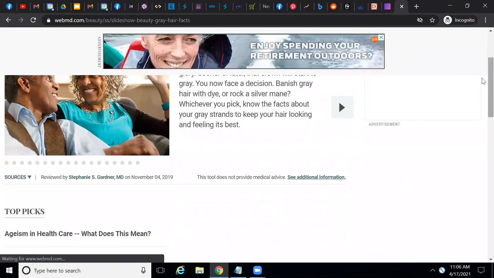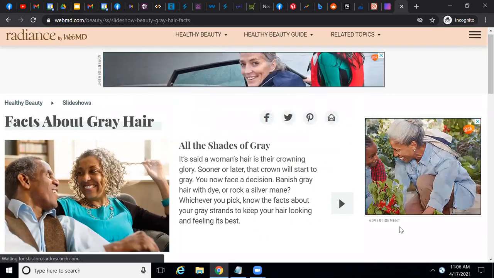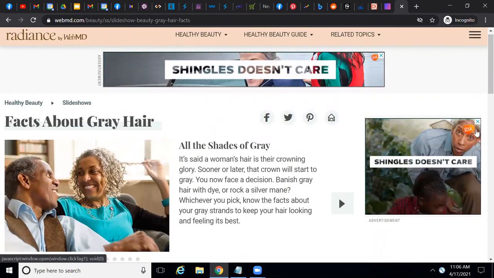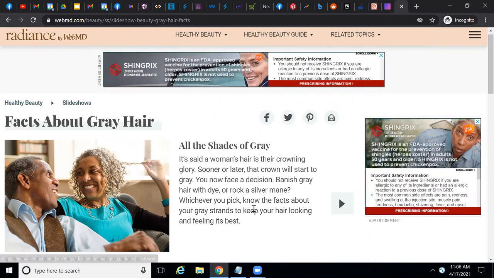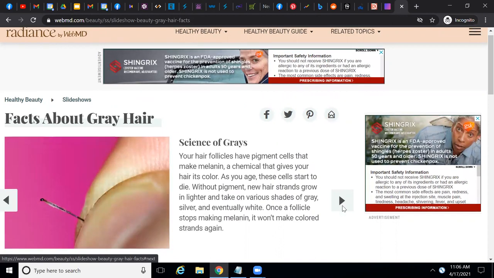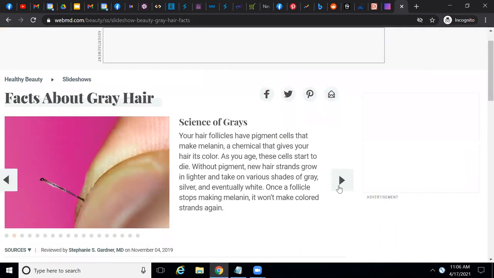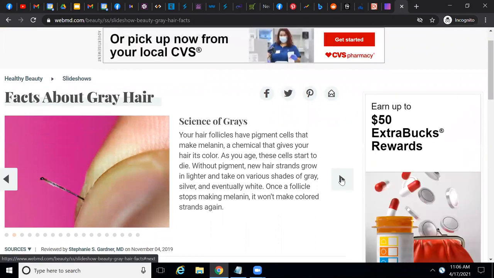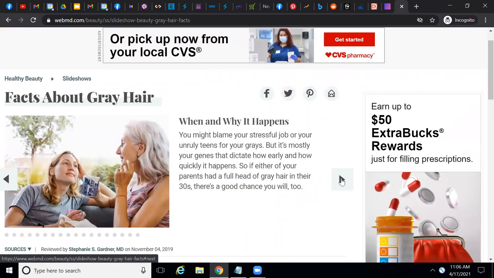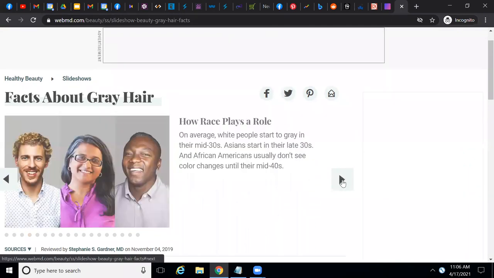This is all advertisements, and it's a rotating advertisement. Oh, look, a lady with gray hair comes up, and it's some kind of shingles medication. All right, so let's see what they have in here. And I bet you over here is gonna be a whole bunch of rotation of stuff to help me with my gray hair. So why it happens.